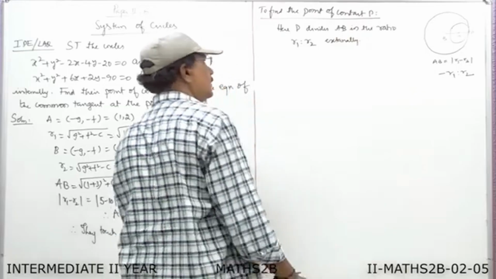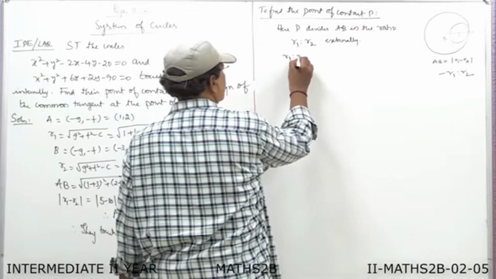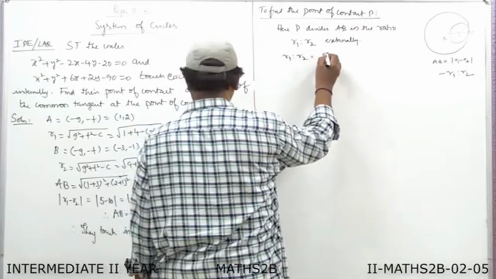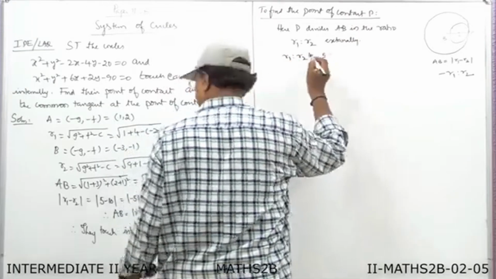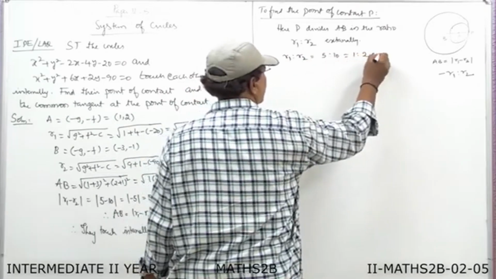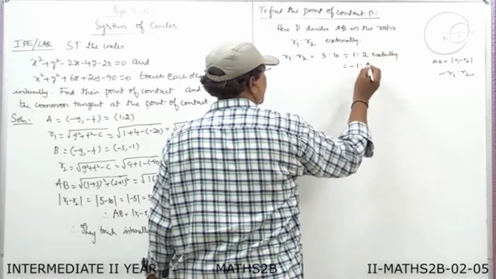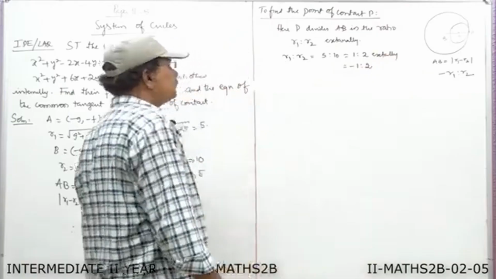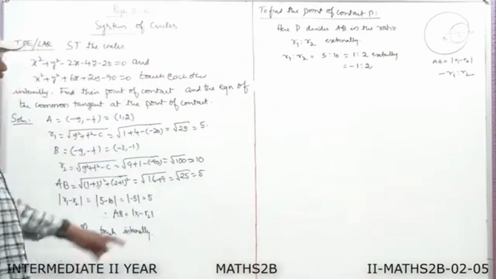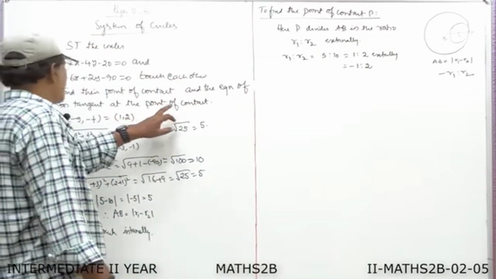So, you calculate R1 is to R2. R1 is 5 and R2 is 10, that is 1 is to 2 externally. Or you can write the same thing as simply minus 1 is to 2. Now, using that ratio, we find the point of contact.